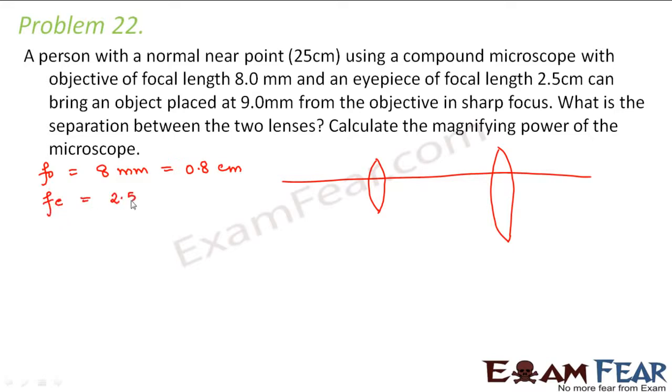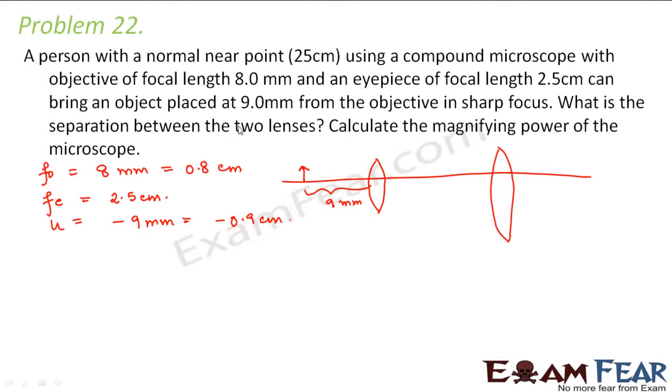eyepiece is 2.5 centimeters. It can bring an object placed at 9 millimeter from the objective. That means the object is located at a distance of 9 millimeter from the objective. So U is equal to minus 9 millimeter, which is minus 0.9 centimeters from the objective in sharp focus.